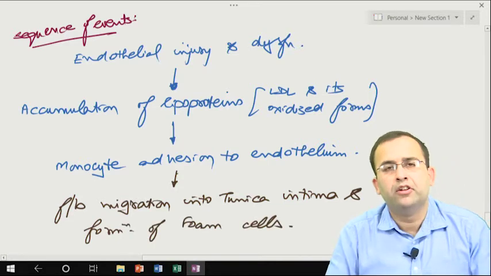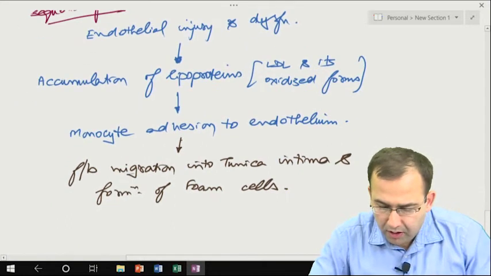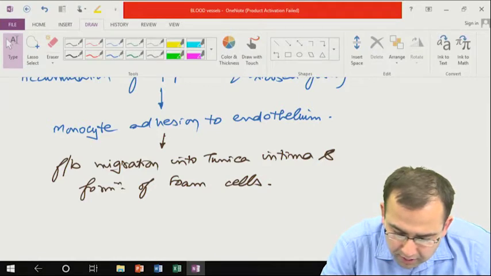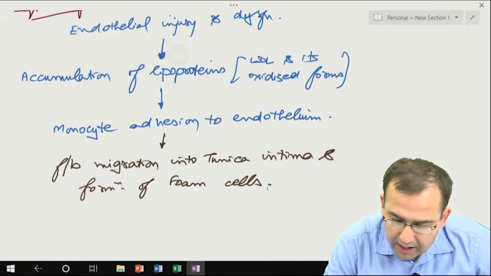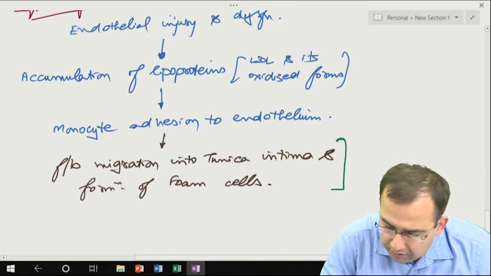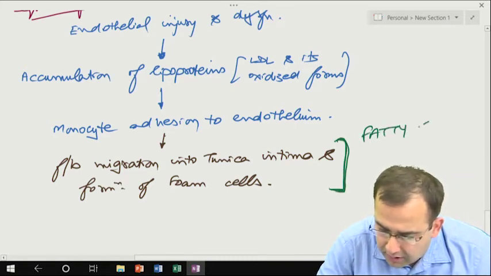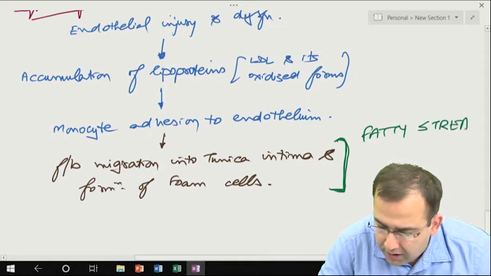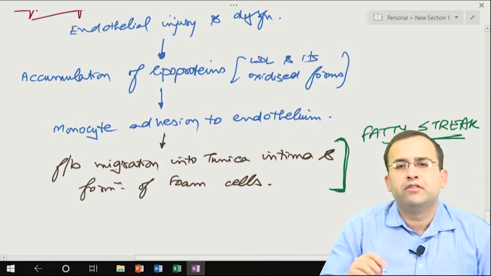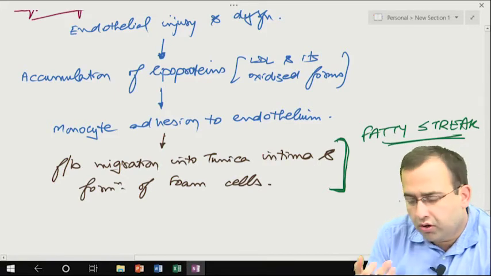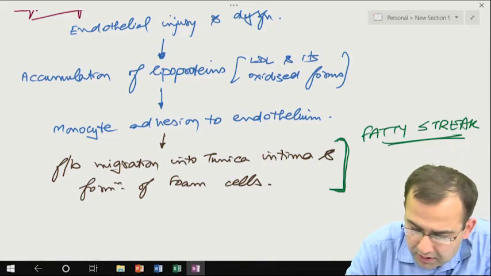This in turn leads to the formation of fatty streak. These foam cells and migration of macrophages in the tunica intima form the fatty streak. This is the first feature, the initial gross event of atherosclerosis.